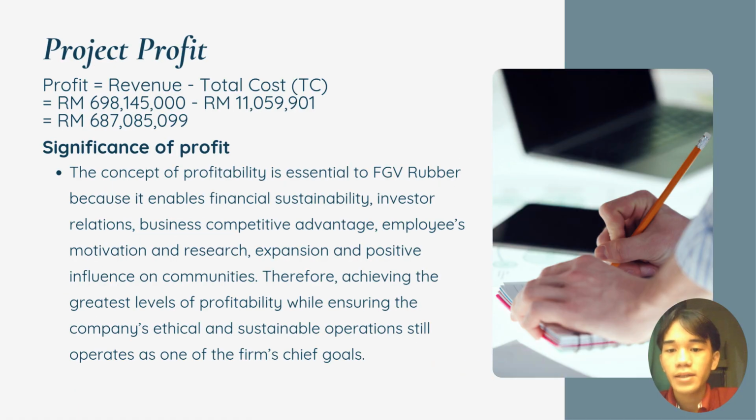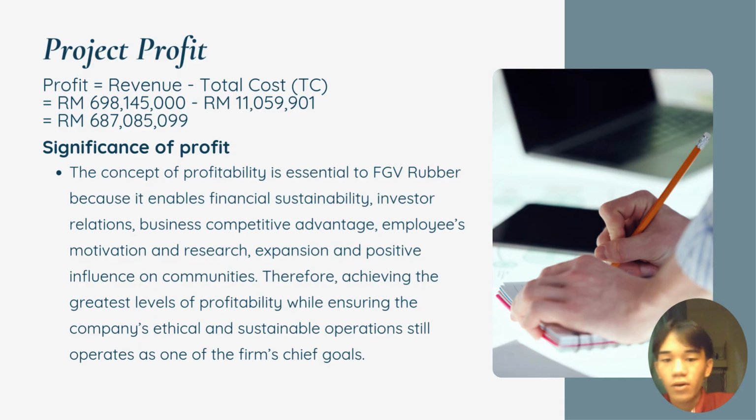Hello. This slide explains the project profit and its importance. Profit is calculated by subtracting the total cost from the total revenue. For this project, the total revenue is 698,145,000 ringgit, while the total cost is 11,059,901 ringgit.